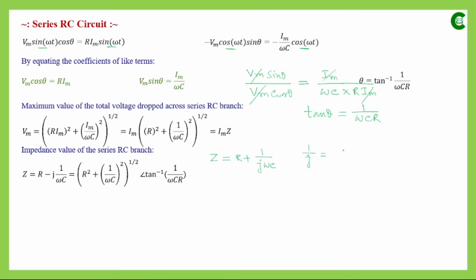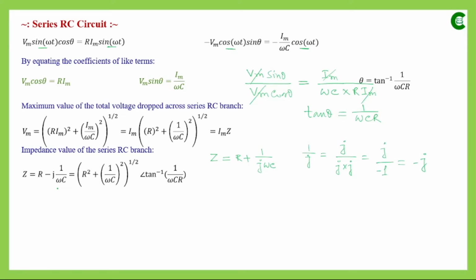If we multiply the numerator and denominator of 1/j by j, it becomes j/j², and since j² is minus 1, it is finally minus j. That's why the impedance of a series RC path is written as R − j multiplied by 1/(ωC).